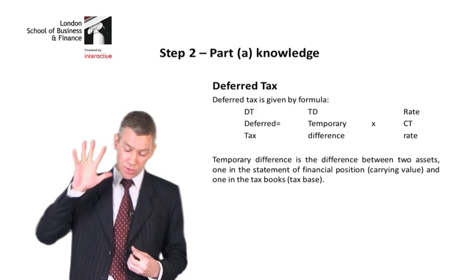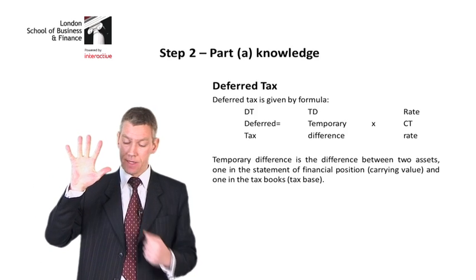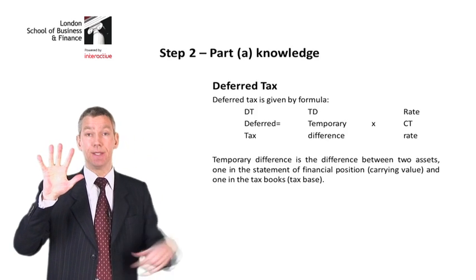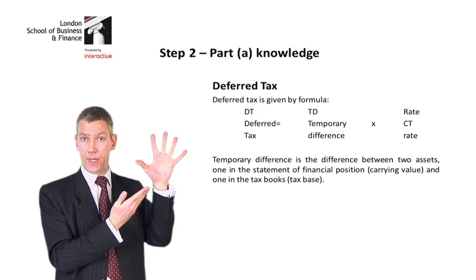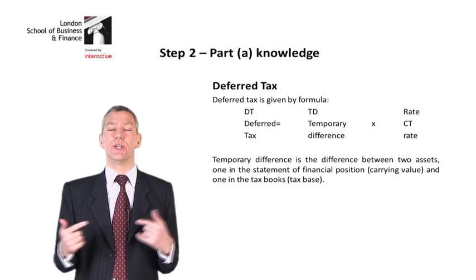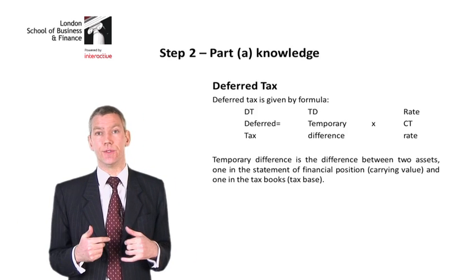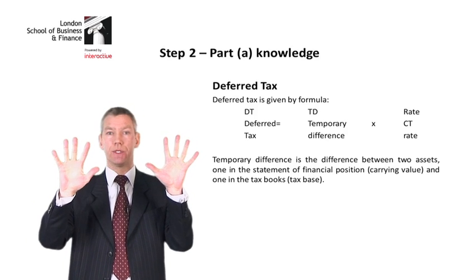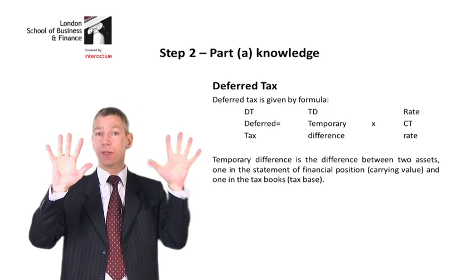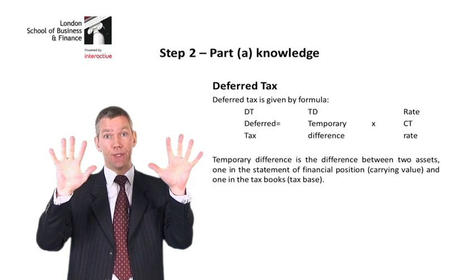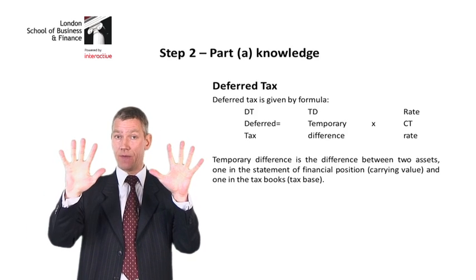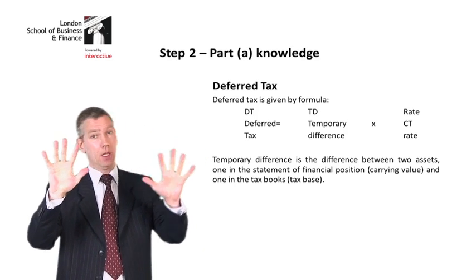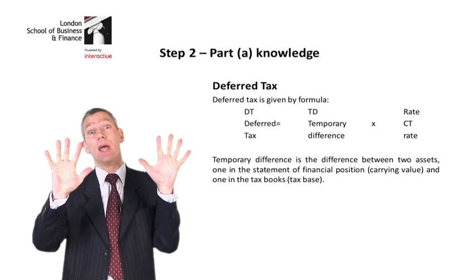One on the statement of financial position, which is the carrying value, and the other one in the tax books, which is known as the tax base. So temporary difference is a difference between two carrying values, one the carrying value that the financial accountant has, and the other the carrying value that the tax accountant has.